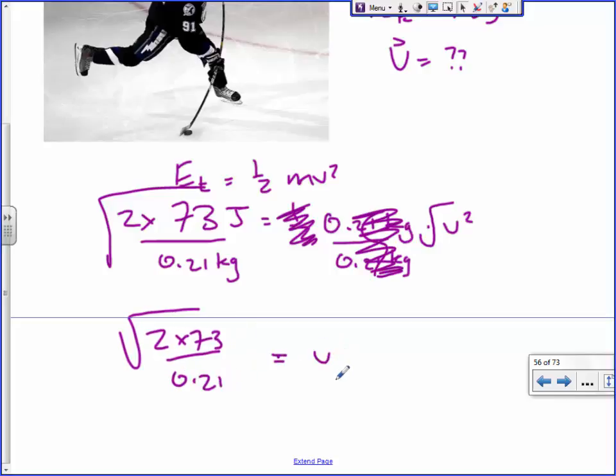That'll give you your velocity. I got 26. You get the 2? Okay.